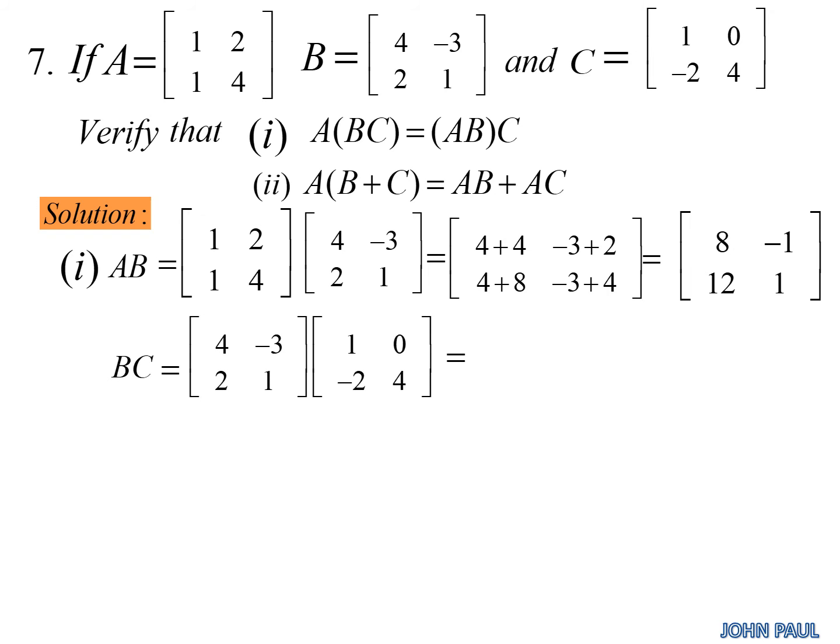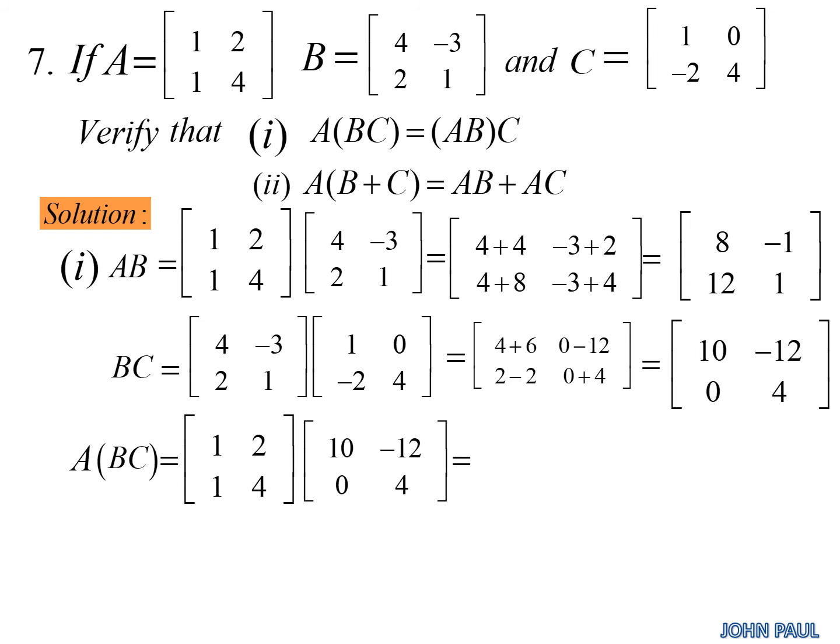Now we'll find BC, substitute matrix BC. By multiplication, BC equals 10, minus 12, 0, 4. A into BC equals, substitute matrix A, then BC.